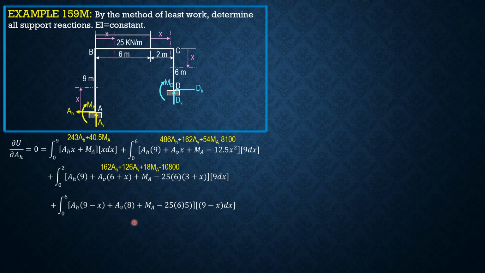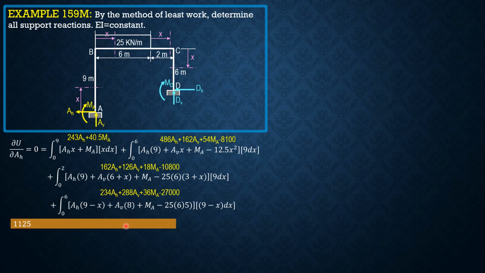And for the last integral, 234 AH plus 288 AV plus 36 MA minus 27,000. So combining corresponding like terms, setting up the first equation, 1125 AH plus 1576 AV plus 148.5 MA equals 45,900.